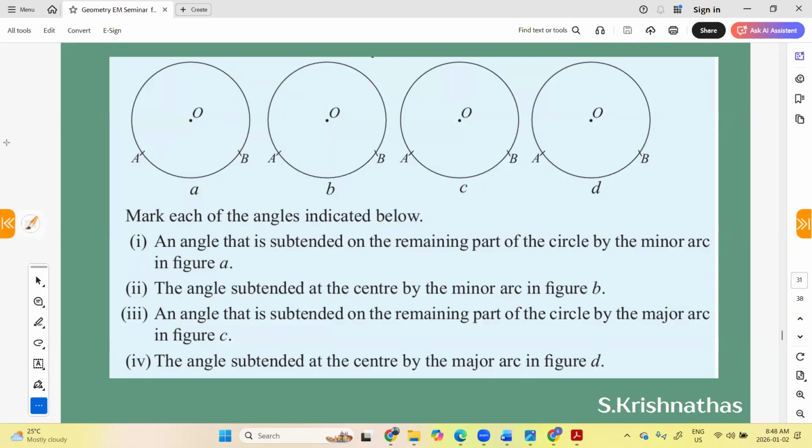The angle that is subtended on the remaining part of the circle by the minor arc. The angle subtended at the center by the minor arc: minor arc subtends angle at the center.